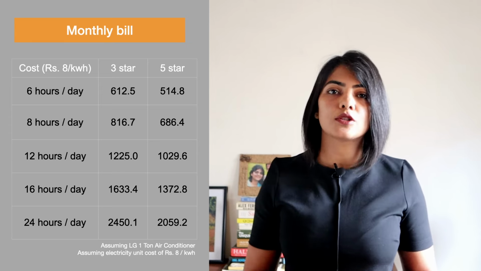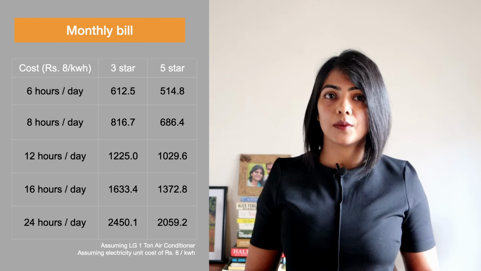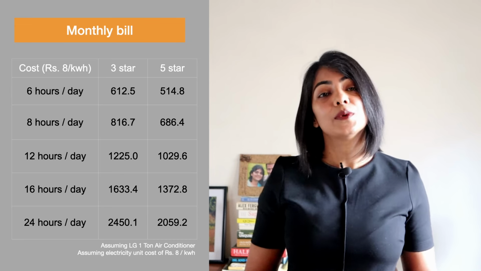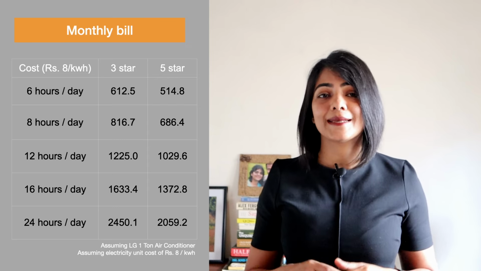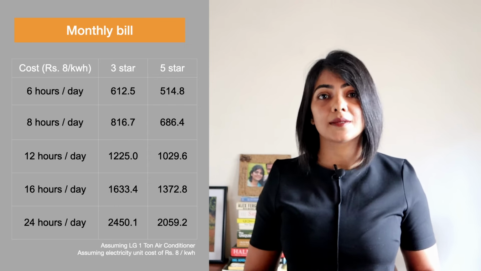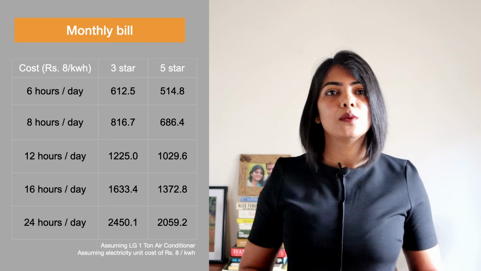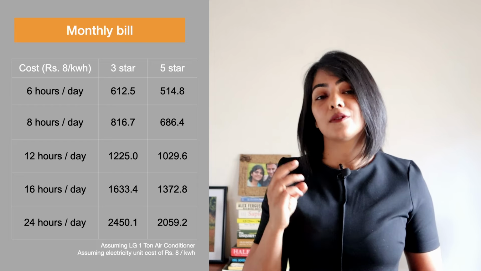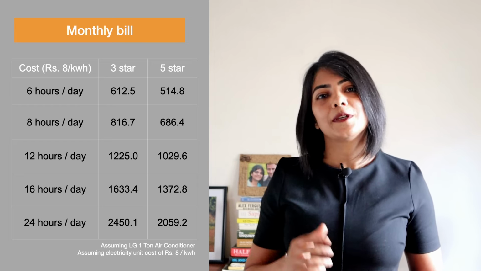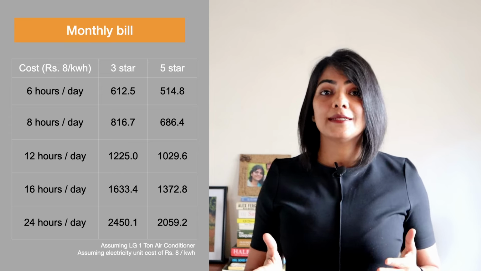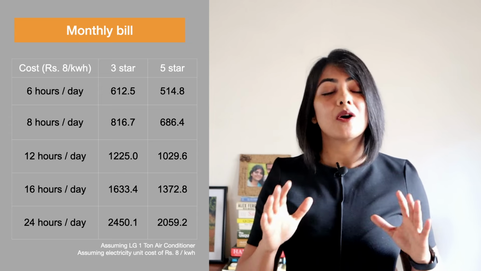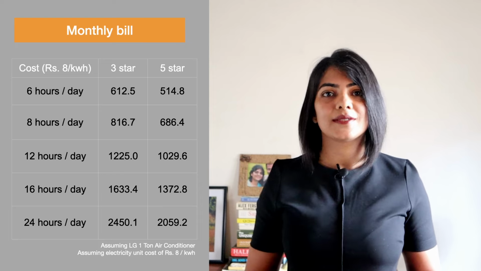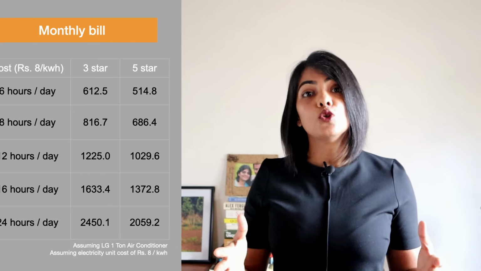Assuming a per unit cost of 8 rupees per kilowatt hour, the per month electricity will be as shown on the screen. For example, if you're running your AC for 12 hours a day, your monthly electricity bill will increase by 1200 rupees for a 3-star AC and 1000 rupees for a 5-star AC. As you can see, 5-star ACs give you about a 16% saving in electricity across various usage patterns.